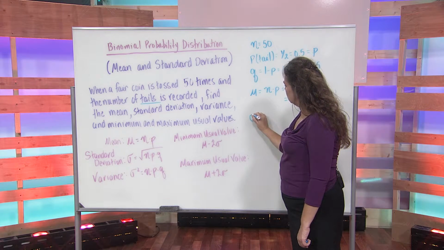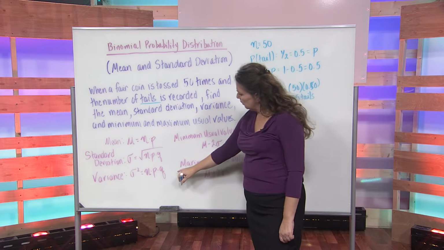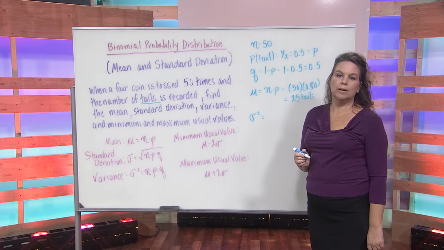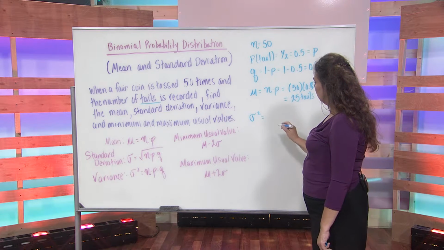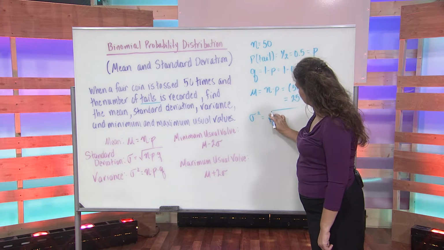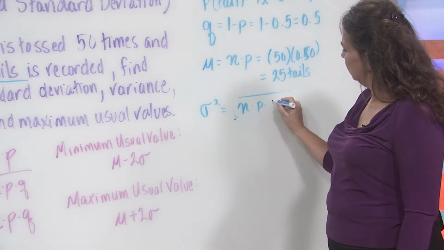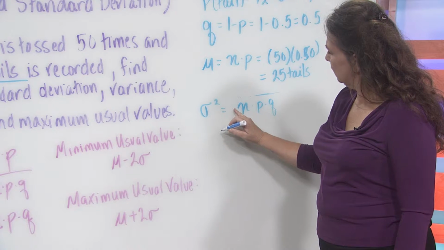So the variance is sigma squared. That's that third formula that I've written down here. We'll go ahead and calculate the variance, and then we'll take the square root of that number and find the standard deviation. So the variance is this, not the square root. Let's undo that. The variance is n times p times q. Okay.